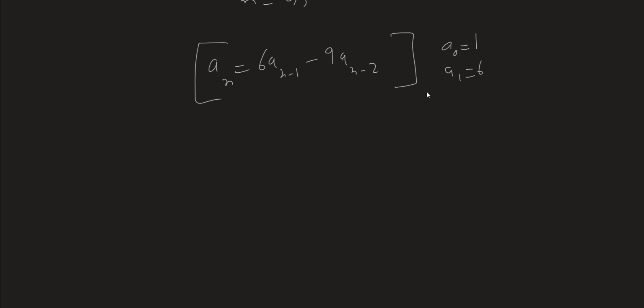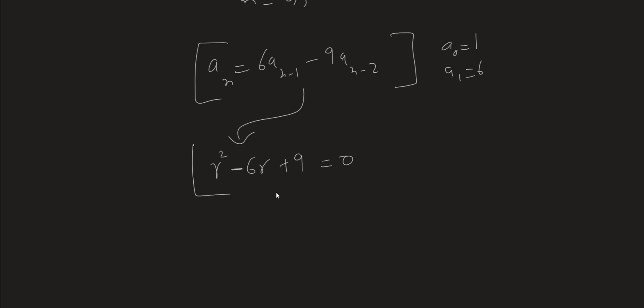Using these, we build upon the relations, especially when we have to find a series, just like the Fibonacci series and so on. Therefore, the first thing that we'll do is replace it with the characteristic equation. So the characteristic equation will be r square minus 6r plus 9 is equal to 0.